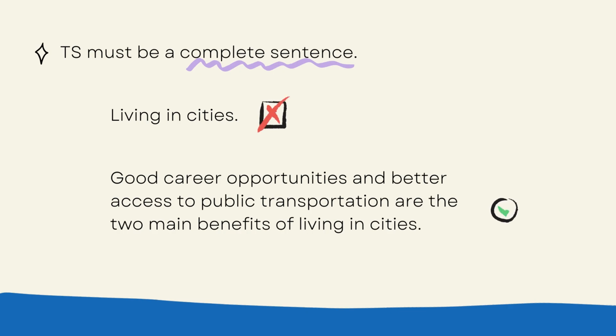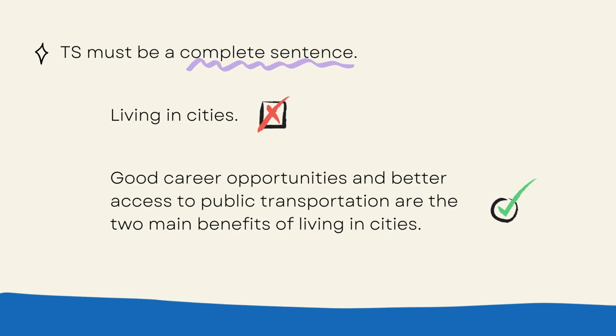Based on this correct thesis statement, can you try to guess which one is the topic, which one is the controlling idea, and which ones are the predictors? Again, the topic is like the title of your essay. So the title would be something about living in cities.